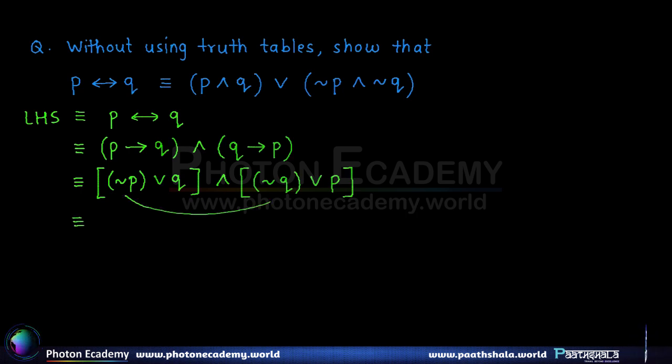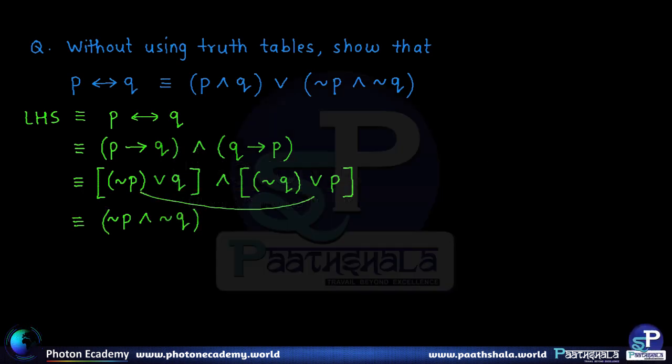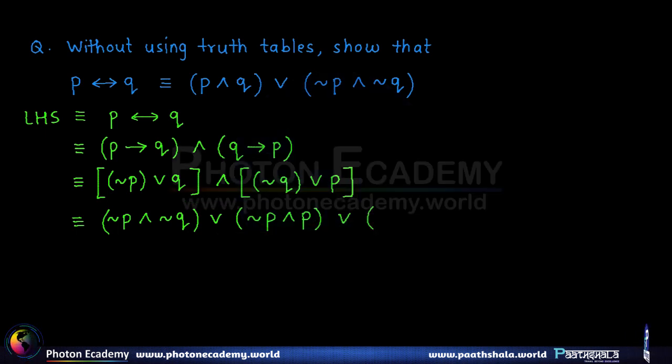So here what we do is first negation P and negation Q. Then we do negation P and P. Then we do Q and negation Q. And lastly we do Q and P.